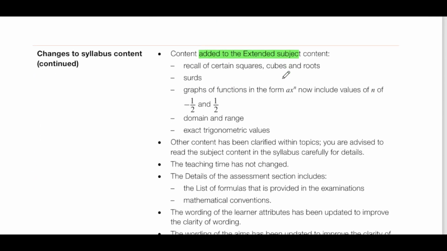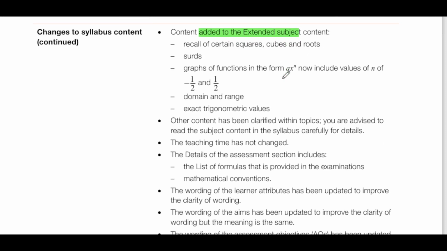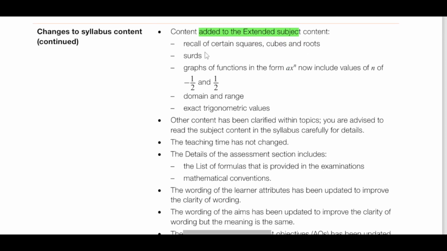And the changed content added: mainly there was no concept of surds, now we have surds there. Squares, cubes and cube roots, you have to remember some of them. Graphs of functions is there. Domain and range have been added, exact trigonometric values have been added.